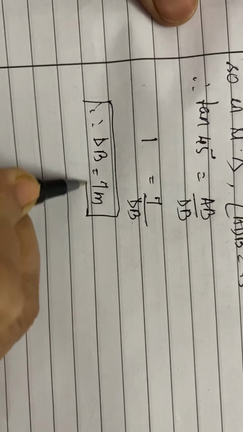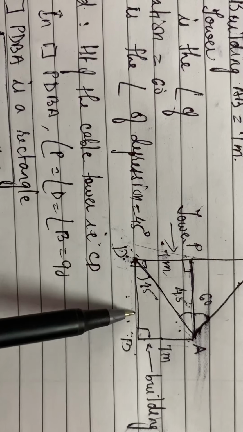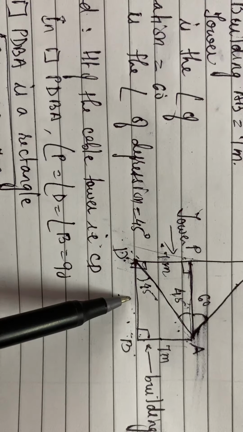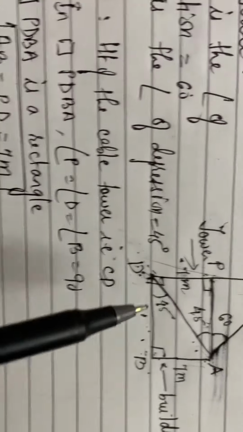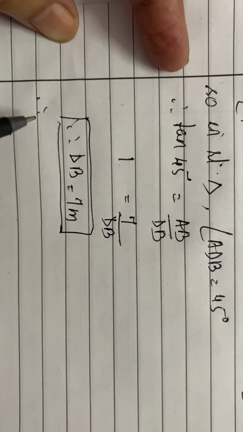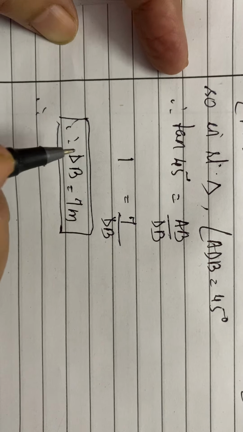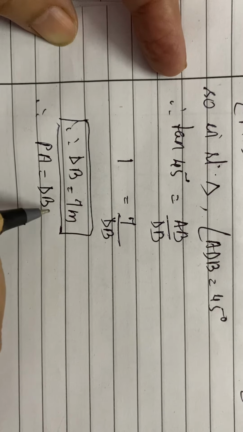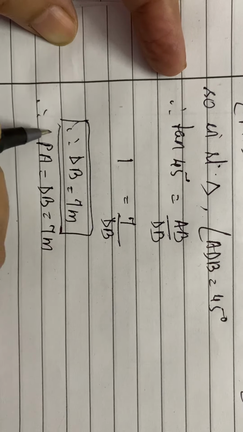Okay. Now if DB is 7 meter, then PA will also be 7 meter because opposite sides of a rectangle. Therefore, PA is equal to DB is equal to 7 meter.